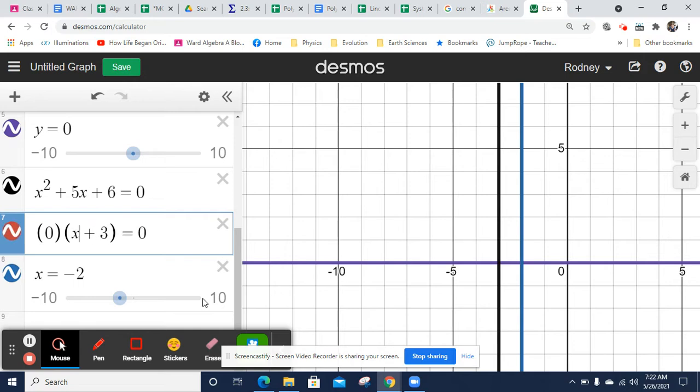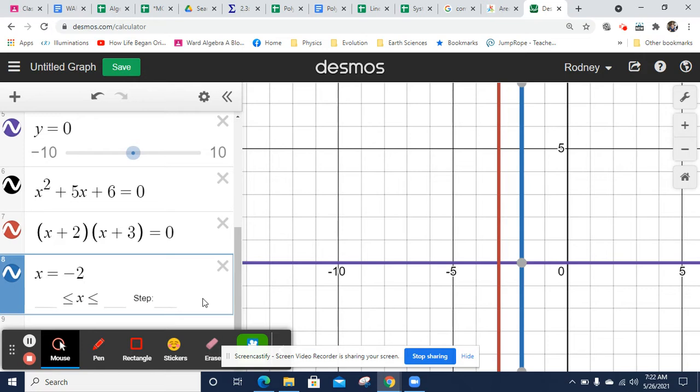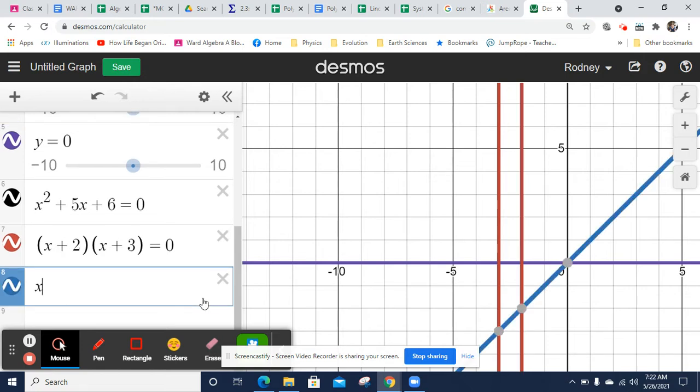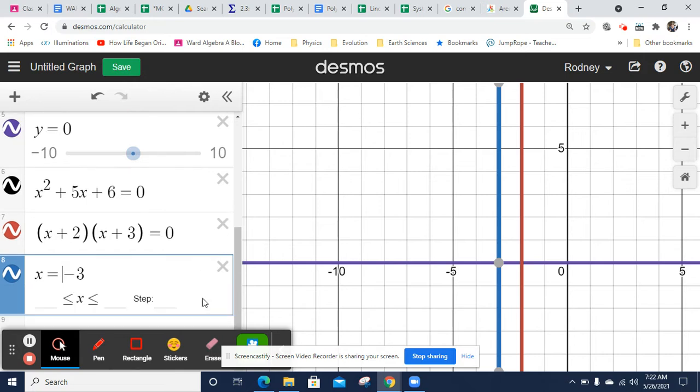Okay, now I'm going to put the x's back in, and I have x plus 2. I could also solve for x plus 3 equals 0. And it's a one-step equation. I get rid of addition by subtracting. I subtract 3 from both sides, and x is left at x equals -3.